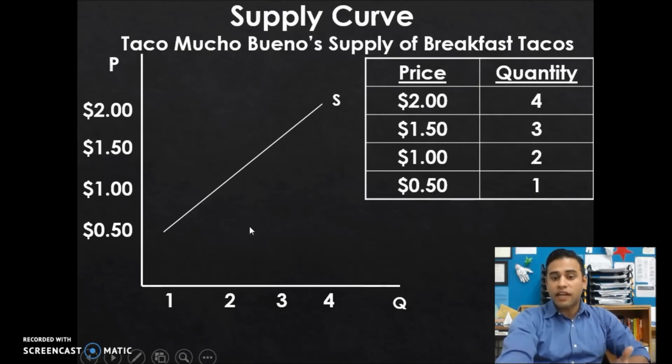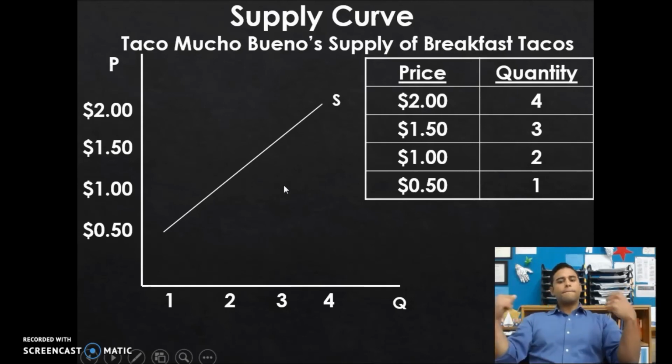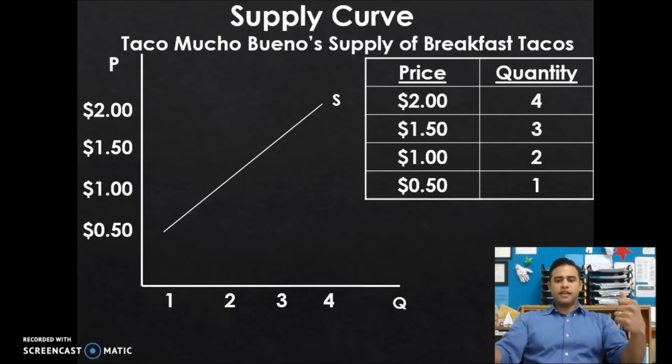Our behavior has changed now. Whereas I used to, for $1, only want to bring 2 to the market, well now, if I can sell it for $1, maybe I'm willing to bring 3. I don't know why. Maybe something changed, and it changed my outlook. It changed the way that I approach pricing my tacos.